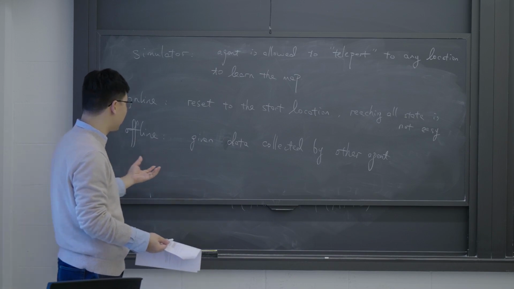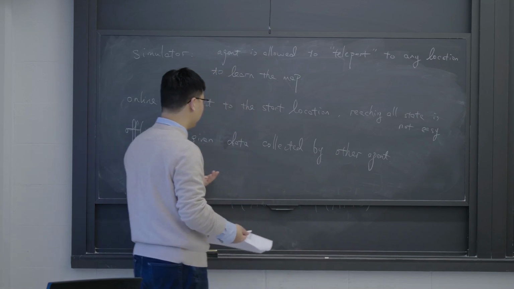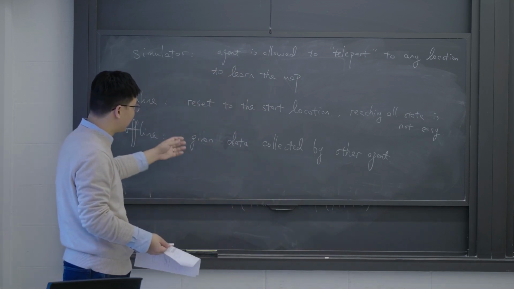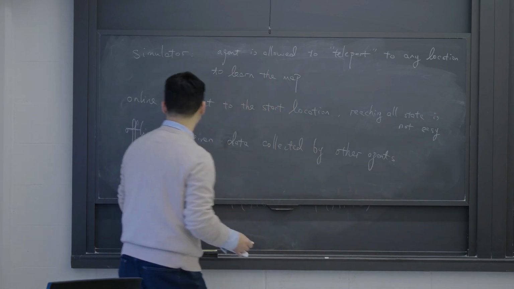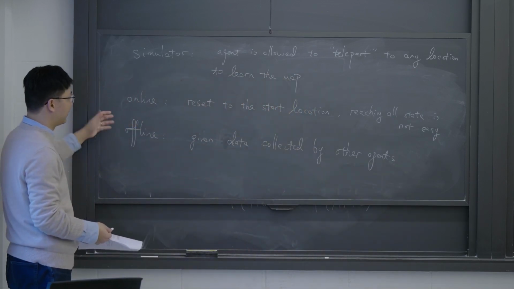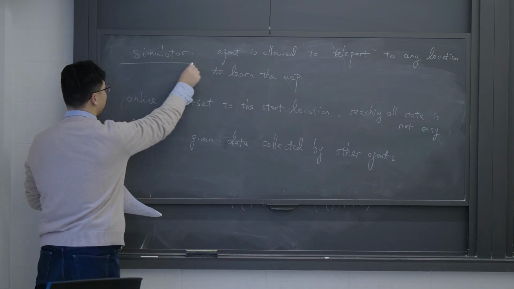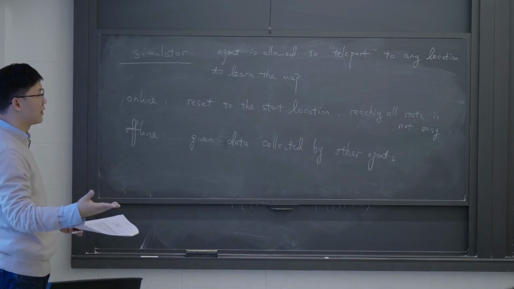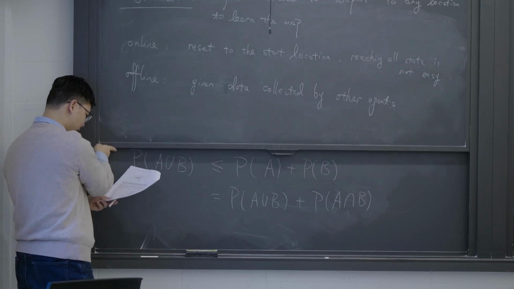But here, you're very limited to what other agents have done so far, and you need to learn a good policy from those limited data collected by other agents. So those are two more challenging settings we will talk about later in this lecture. For now, we will focus on the simulator, because this is an easier setting, and we always start from the easier setting and do the results there first, and then go to the more complicated scenarios.